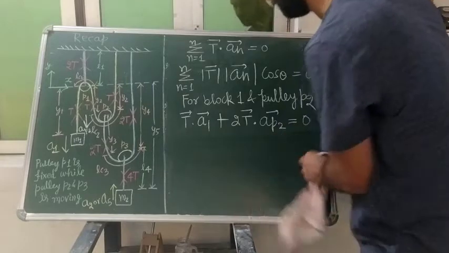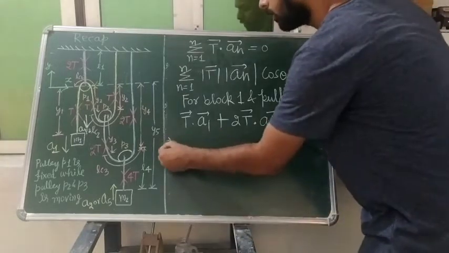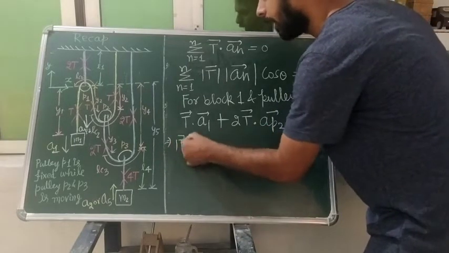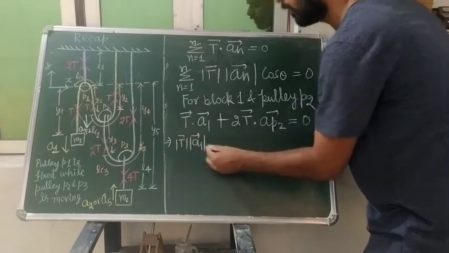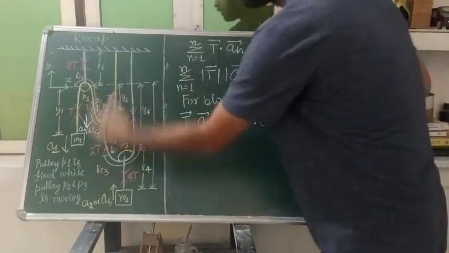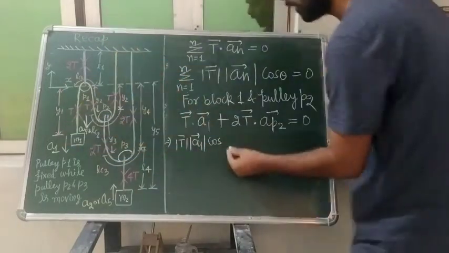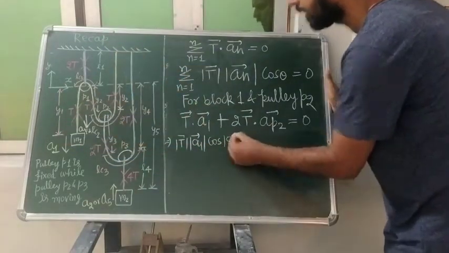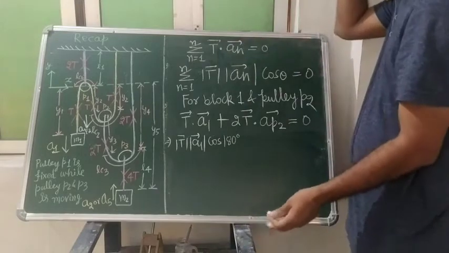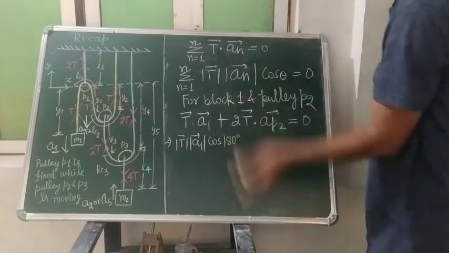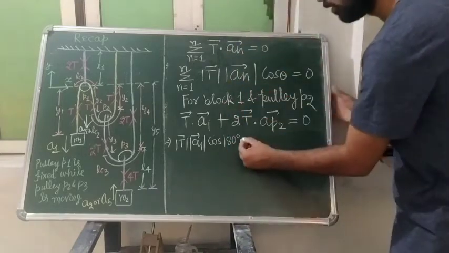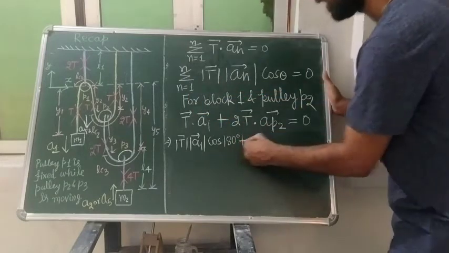I think I should write this once again. This will be the magnitude of this tension vector and the magnitude of this A1 vector times cos what? A1 is downside, tension is upside, so the angle between them will be 180 degrees, because two vectors in opposite directions on the same straight line form 180 degrees.